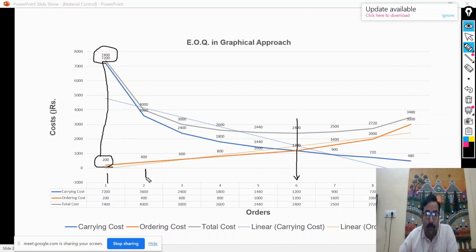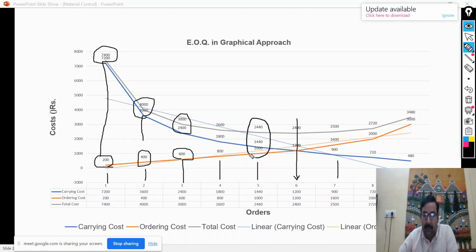If we place 2 orders in a year, our ordering cost is doubled, but carrying cost is reduced. For 3 orders, ordering cost is 600 and carrying cost is reduced to this much. Similarly for 4, 5, and 7. Here we calculate in this situation and in this situation.